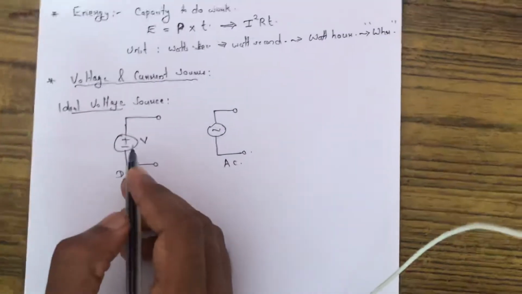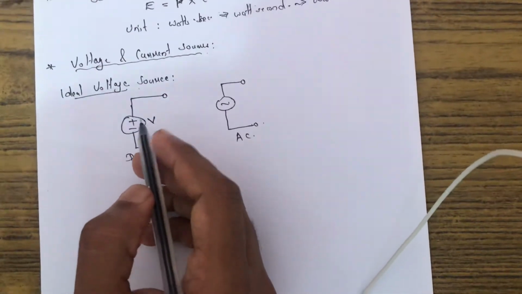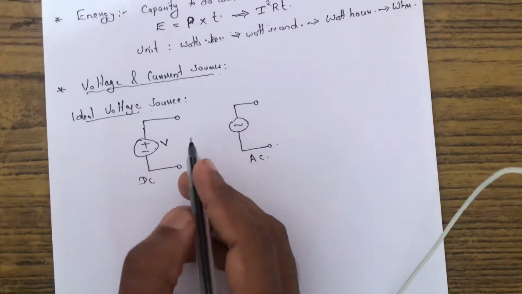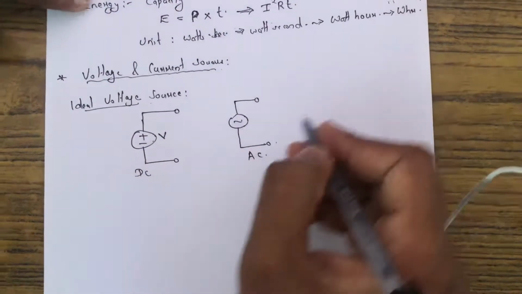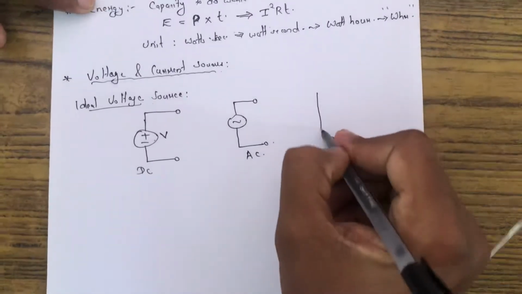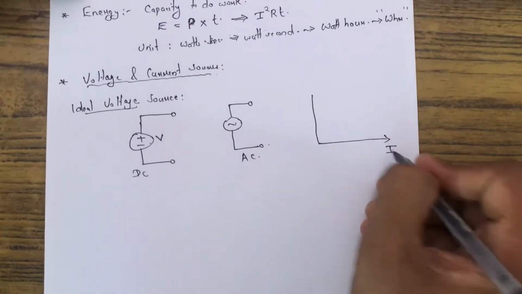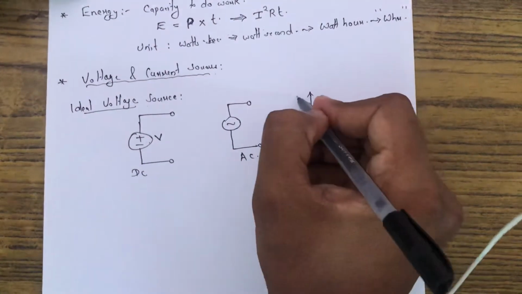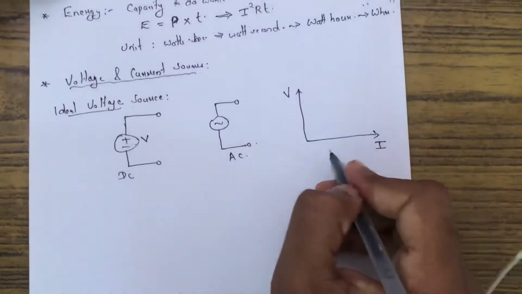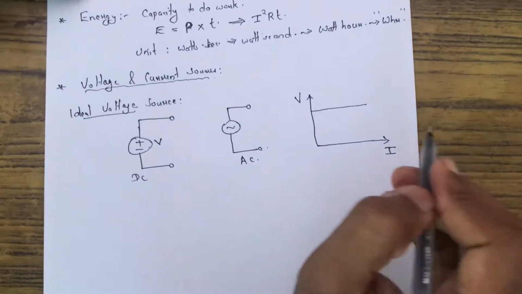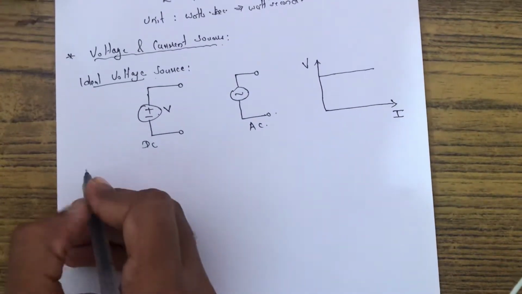If we draw a graph between voltage and current, for every current the voltage should be the same. This is called an ideal voltage source.